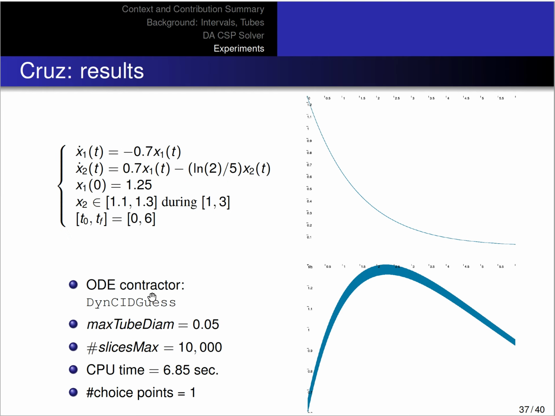On the contrary, for the Cruz problem, the contraction strategy simply amounts to a call to DynCID with a large number of slices. It's solved in less than 7 seconds and only 1 backtrack. Note that the trajectory is thin for x1 and thick for x2.